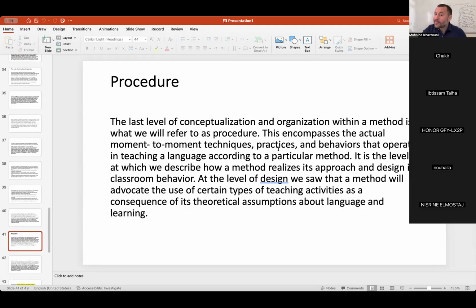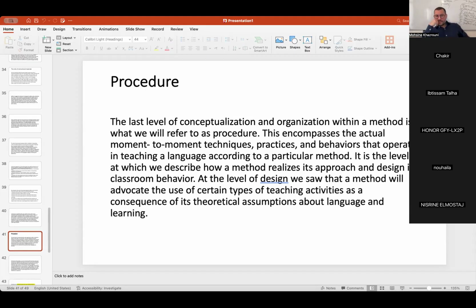Professor, can I read? Yes. Okay. Procedure is the last level of conceptualization and organization within a method. What refers to a procedure encompasses the actual moment-to-moment technique, practices, and behaviors that operate in teaching a language according to a practical method.